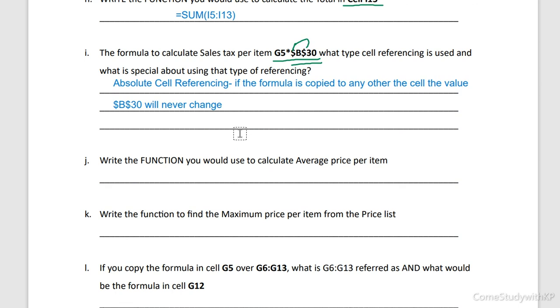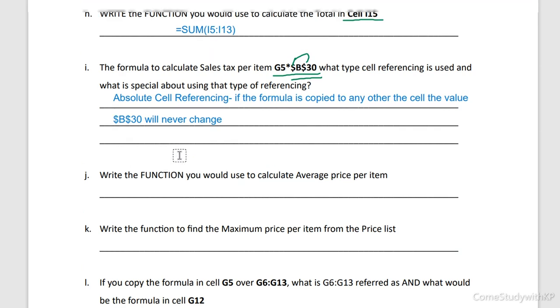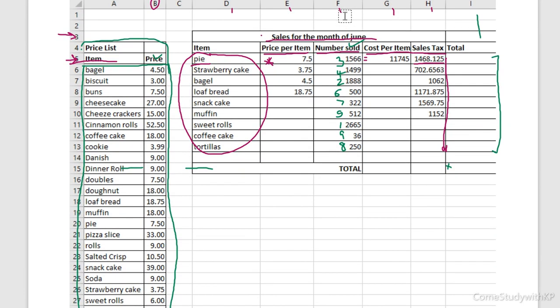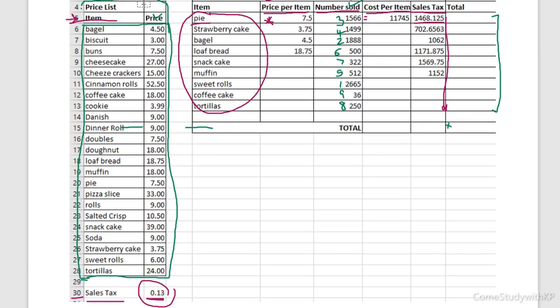Write the function you would use to calculate average price per item. We're looking at average price per item, where the price list is here. If we wanted to find the average, we would have to take a sum of all of these prices. Average again is sum divided by the number.